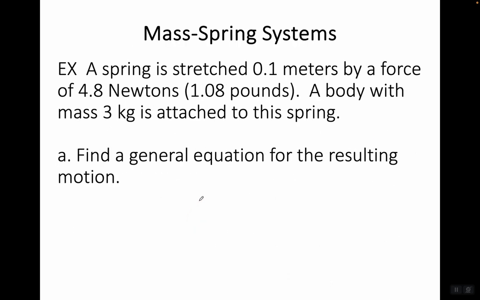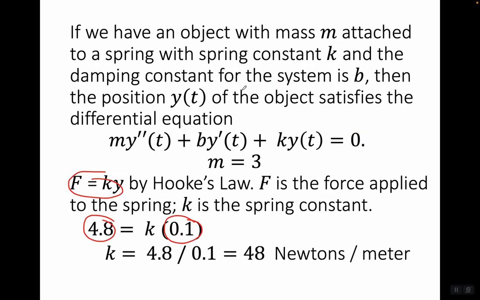So if 4.8 newtons will stretch it 0.1 meters, that means F equals 4.8, y is 0.1, so k is going to be 4.8 divided by 0.1, in other words, 48 newtons per meter. That's the spring constant.